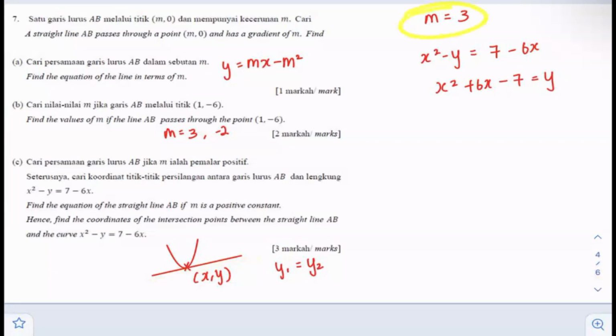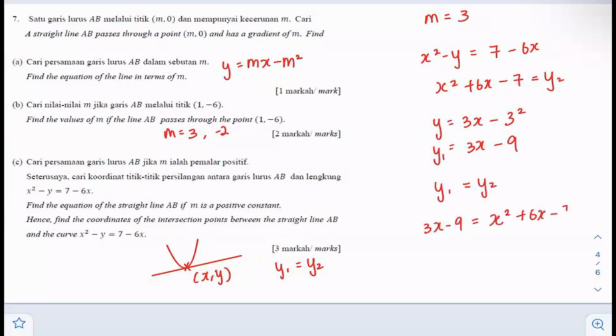With m equal to 3, we know y equal to 3x minus 3 squared, which is y equal to 3x minus 9. So this is y1 and this is y2. So we say y1 equal to y2: 3x minus 9 equal to x squared plus 6x minus 7.